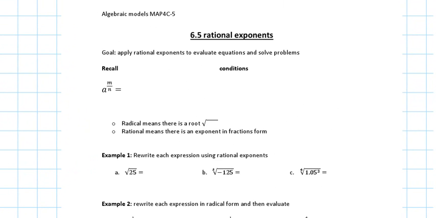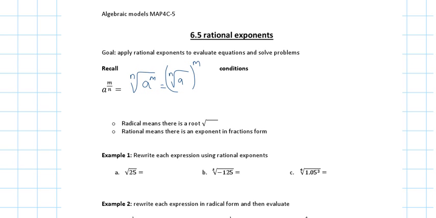So there's conditions for this. So the values of m and n, they have to be specific values. So this is the radical, or the nth root of a to the power of m, or it's the same thing as writing this. So the conditions are the following.